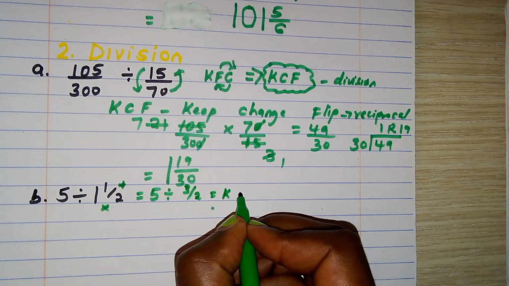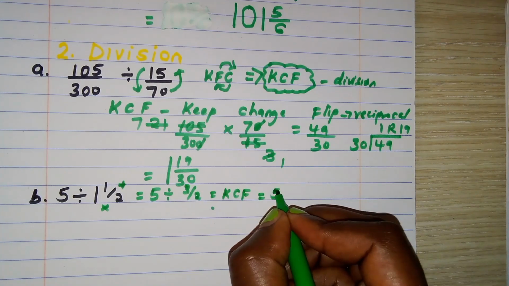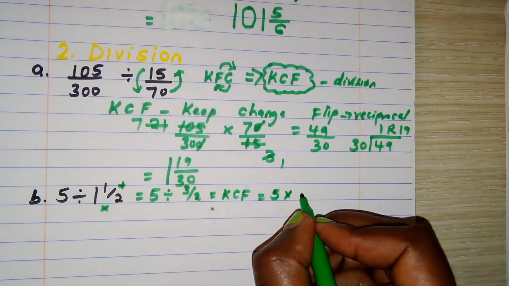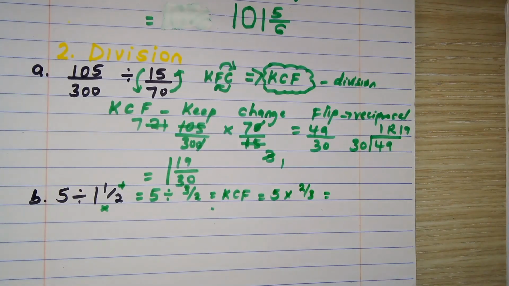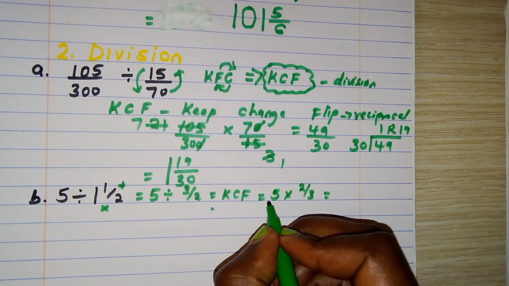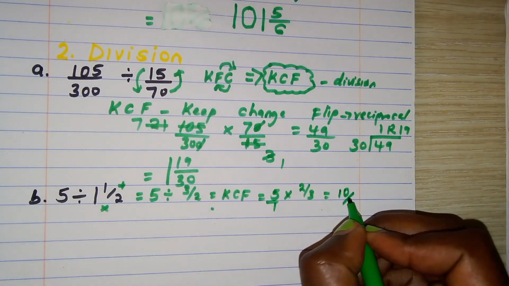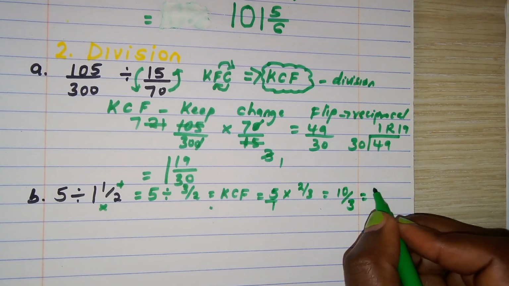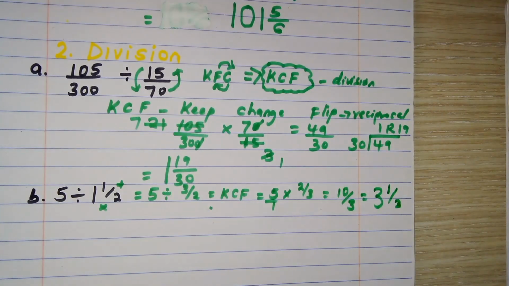So now use KCF, keep the first number or fraction and then change to times, and you flip this one, 2 over 3. So there's nothing that can be divided here, so we do 5 times. So remember this one, you can make it out of 1. 5 times 2 is 10. 1 times 3 is 3. 3 goes into 10 3 times, remainder 1 out of 3.